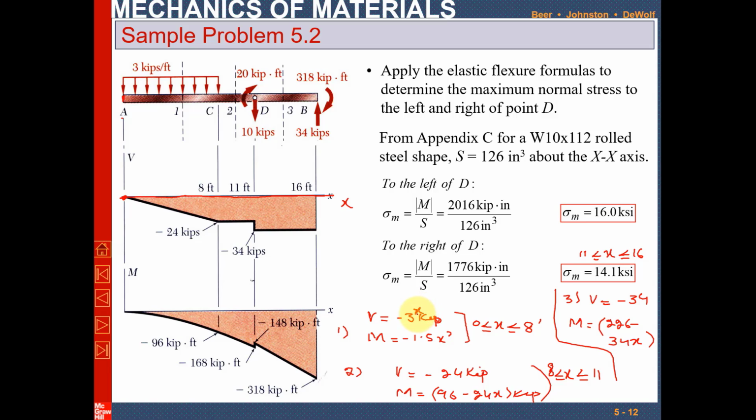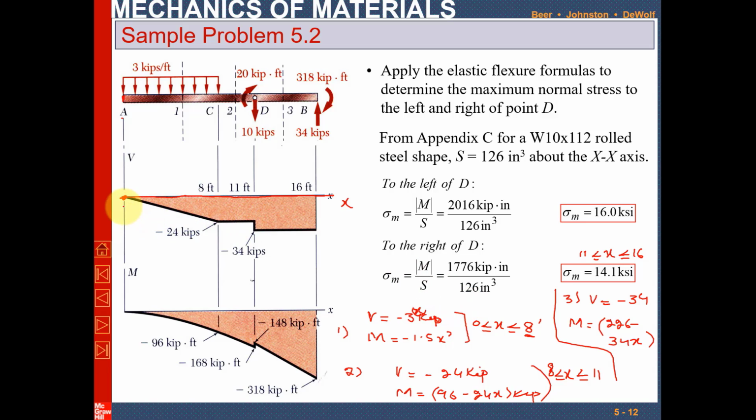If you put x equal to 0, the force at this point will be 0. Now at another point, x equal to 8, you have to place 8 instead of x. So minus 3 into 8 is minus 24.